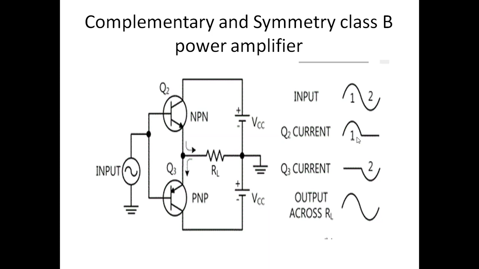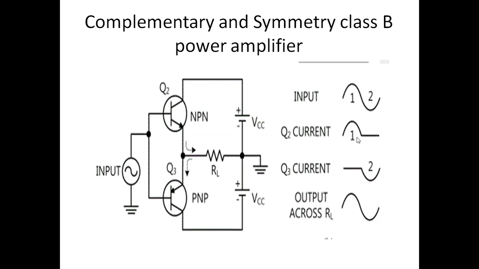During the positive half cycle, one transistor is on, and during the negative half cycle, the other transistor is on. Therefore, at a time only one half cycle is amplified or appears across the load resistance.